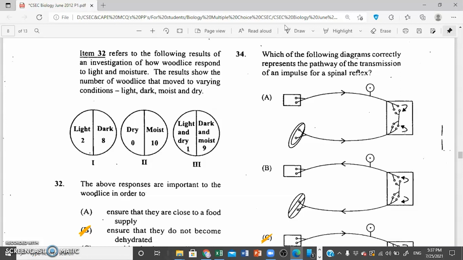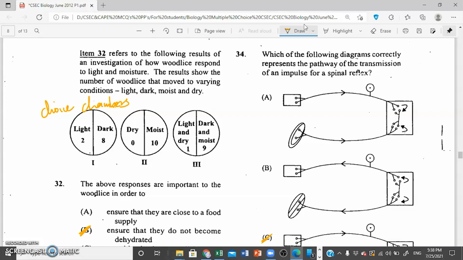These are choice chambers, an experiment to determine invertebrate response to different conditions. Here 2 woodlice occupied the lit environment and 8 were in the dark, so they prefer the dark. They also prefer the moist environment.